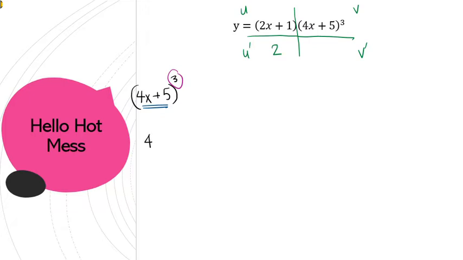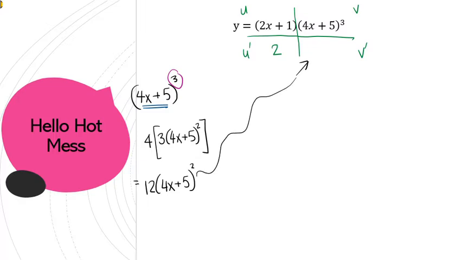And the derivative of the outer part will be 3u squared, which is 4x plus 5. So here I'm kind of being lazy about my substitution, squared, equals 12 onto 4x plus 5 squared. That goes here. 12 onto 4x plus 5 squared.